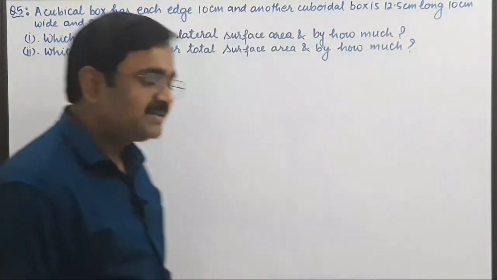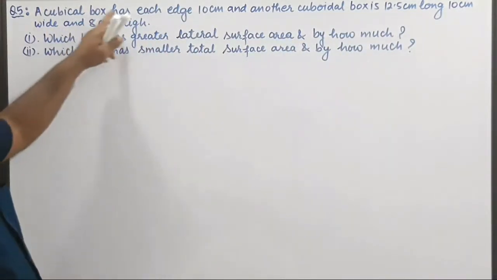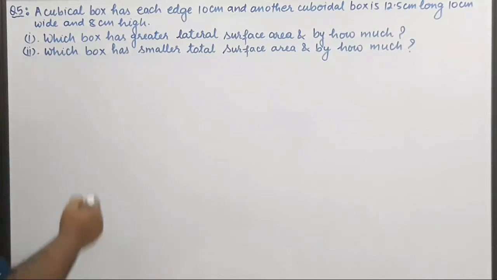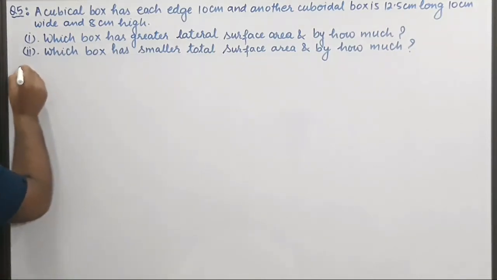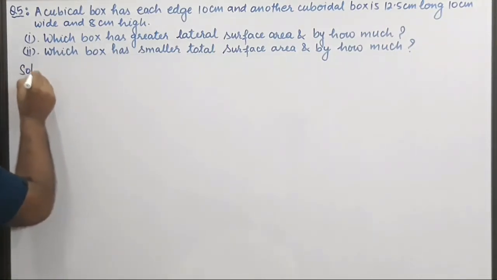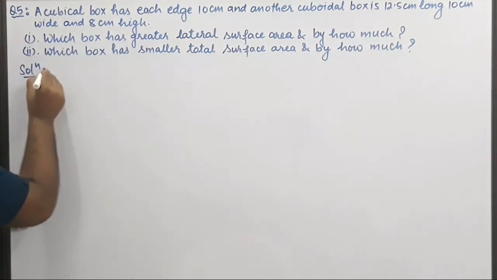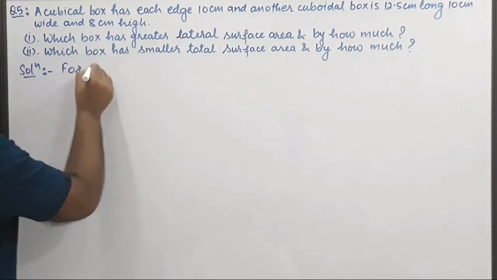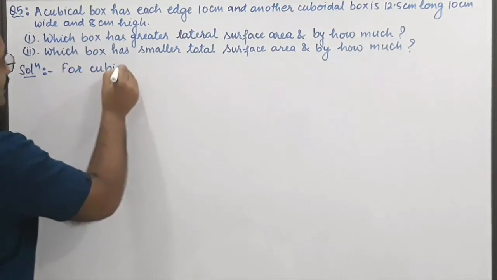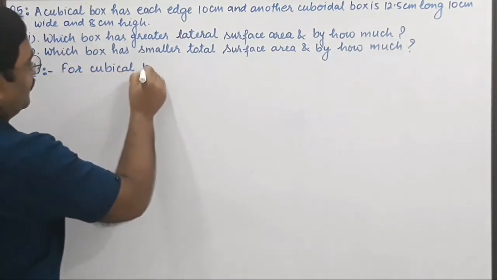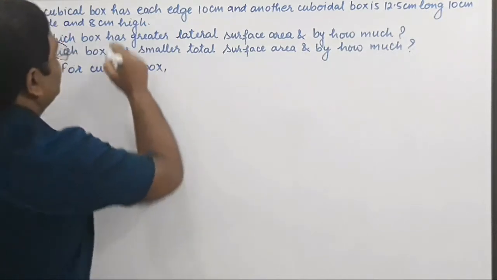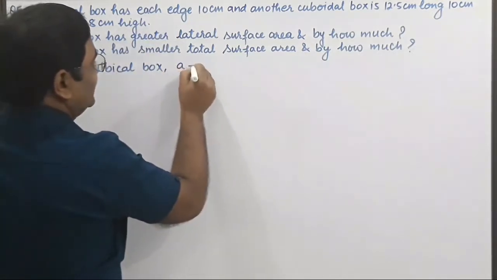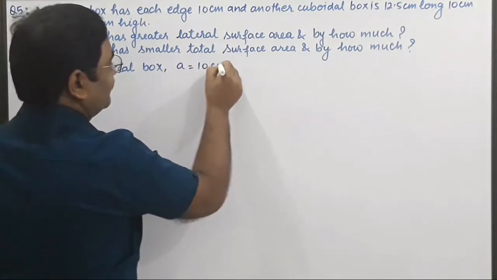Okay friends, so let's see. First, the cubical box. For cubical box, its side a is equals to given 10 centimeter.